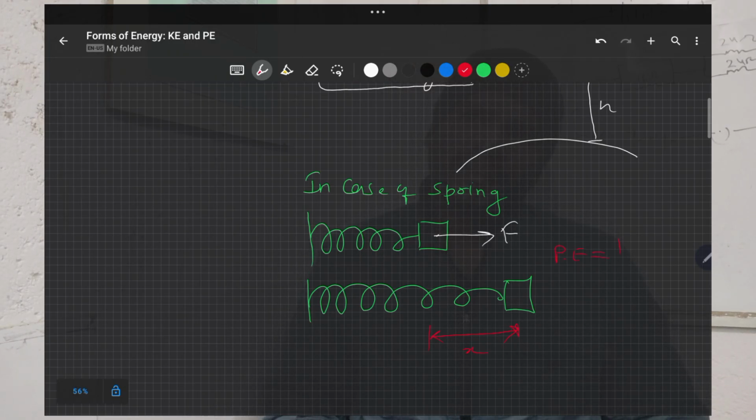Maybe I can describe potential energy in some forms.